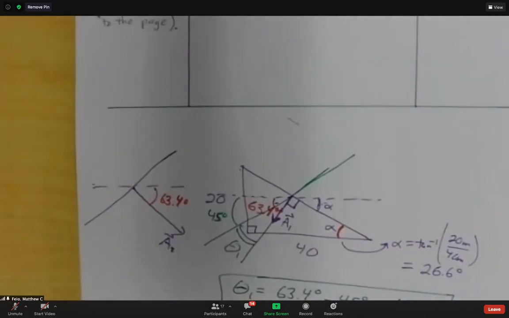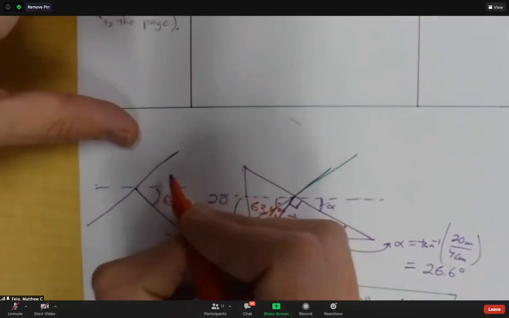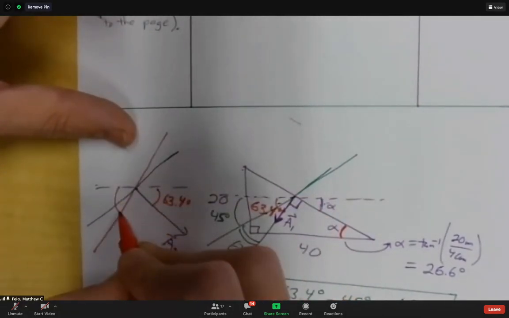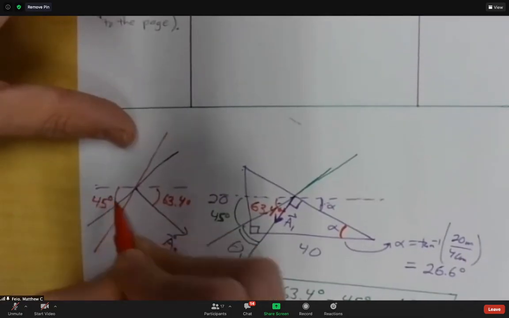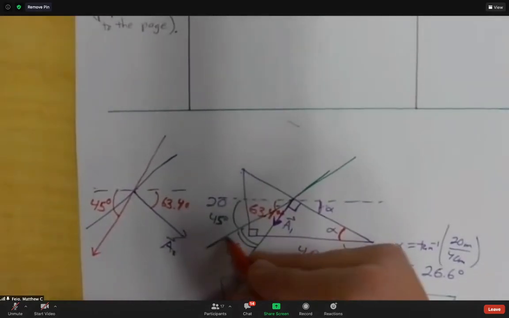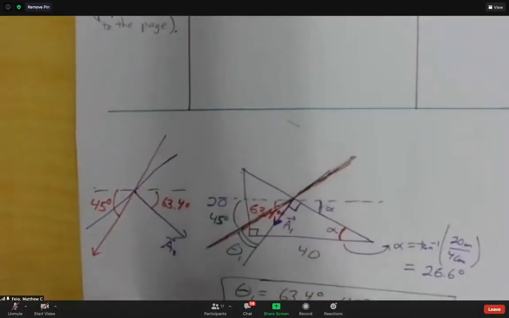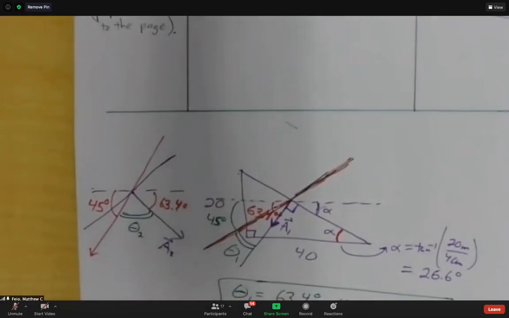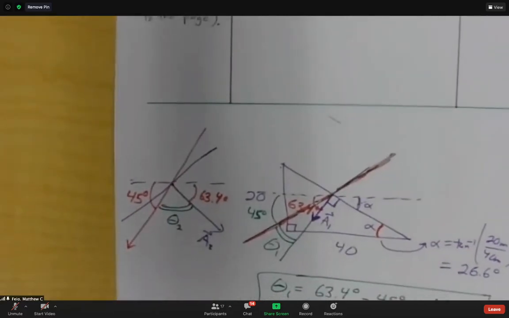And then we got our other guy coming in here at 45 degrees, and this is 45 degrees. Does that look right? I think I've got that drawn pretty much correctly. That should have been red. So what's the angle in between there? Does that look correct, people? So theta 2 is whatever that comes out to be, maybe 180 minus 63.4 minus 45.